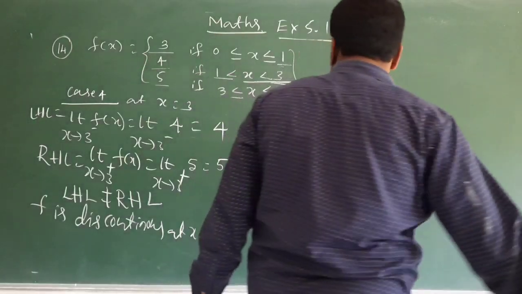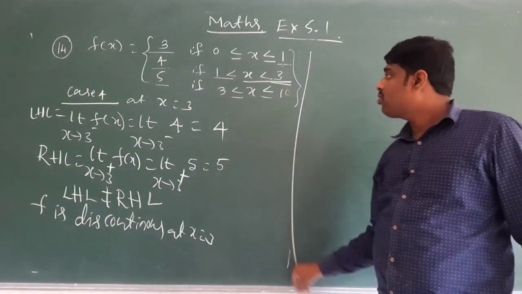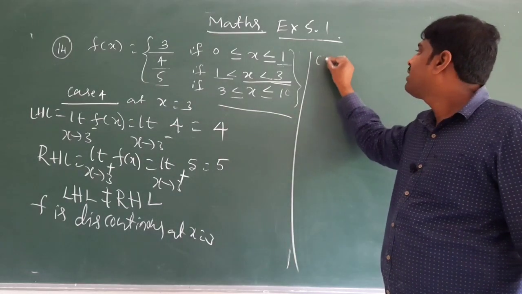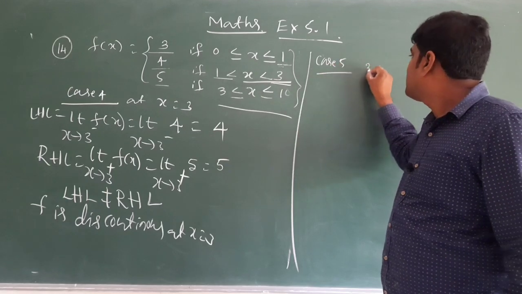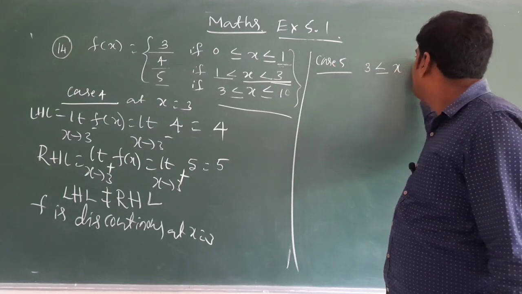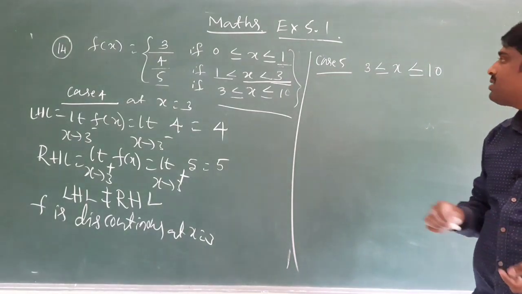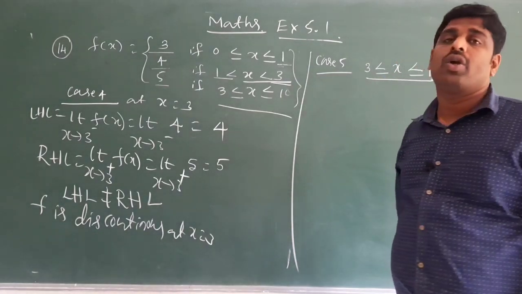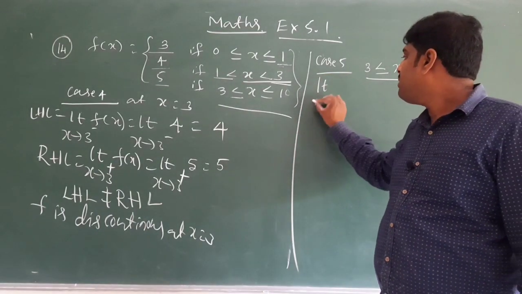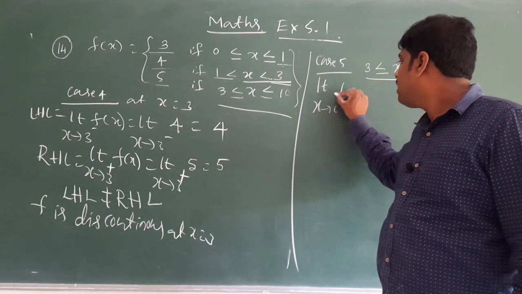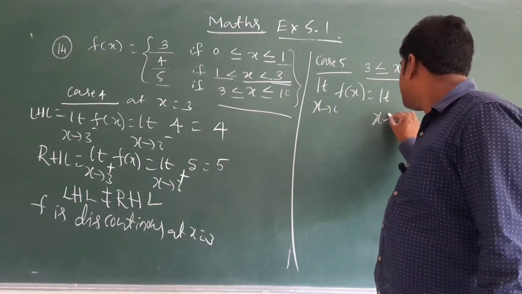Already I checked LHL and RHL for 3. Now come to this full interval, case number 5, that is 3 less than or equal to x less than or equal to 10. For this interval you take the limit x tends to c f of x equals limit x tends to c.